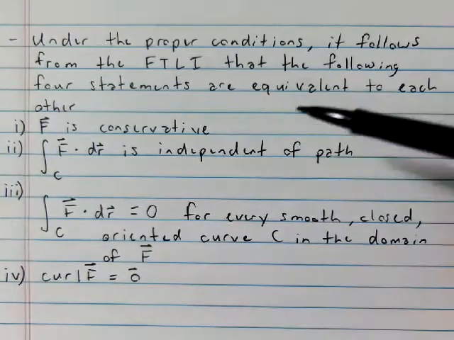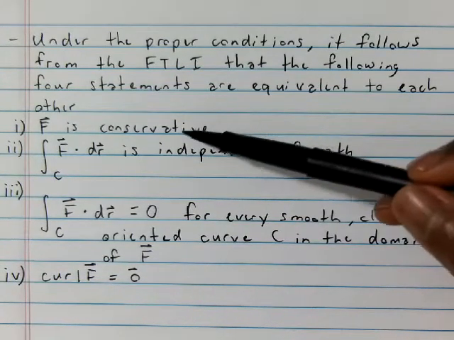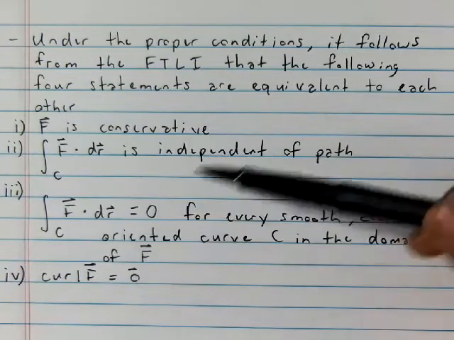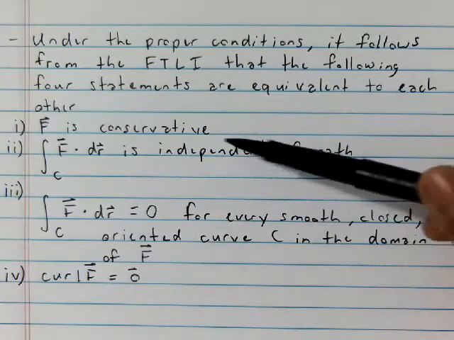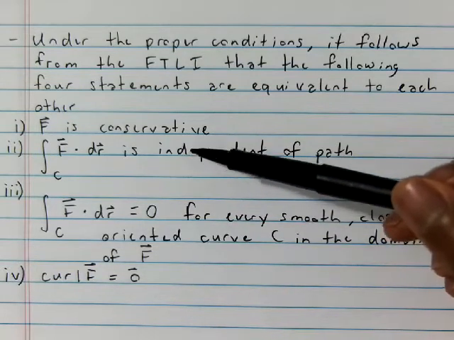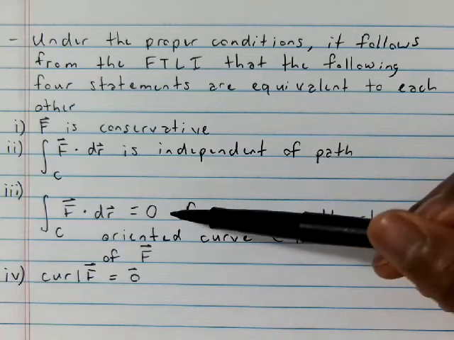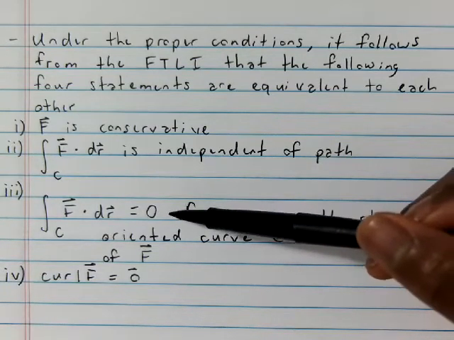So for our purposes, what we've used up to this point are F being conservative and curl of F being equal to 0. We're now going to use curl of F equal to 0 along with number 2 up here, being independent of path. And then we'll use 3 in section 15.4. We'll see that used some in that section.